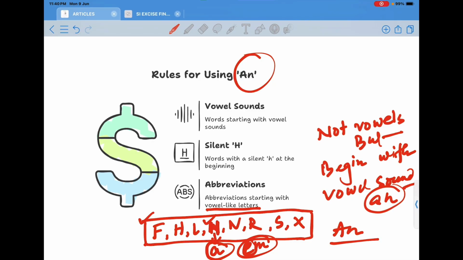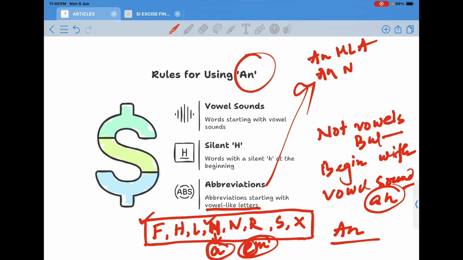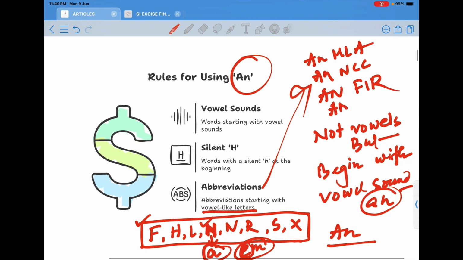For example of this, an MLA, okay, an NCC, an FIR, an X-ray, okay, then an SP, an LEA school, etc. So this is very important, because there are some exceptions.